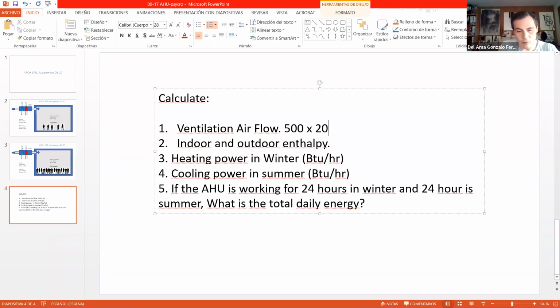Well, I'm going to use CFM. And that equals 10,000. CFM is cubic feet per minute. This is the ventilation airflow.